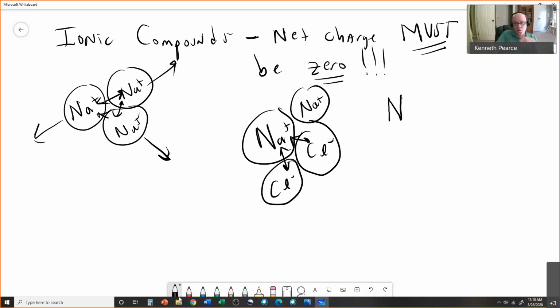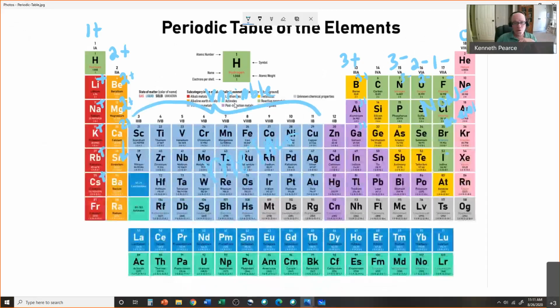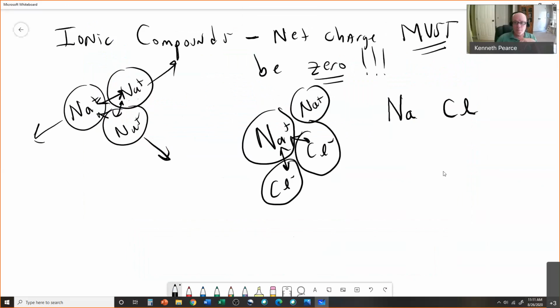Here's our first compound. We look at sodium and chlorine, and we look on our periodic table, and we're going to write out the compound. I see that sodium is +1. It's over on the left-hand side. And I see chlorine is -1. So we look at the periodic table to get our charges, and we say plus and minus.